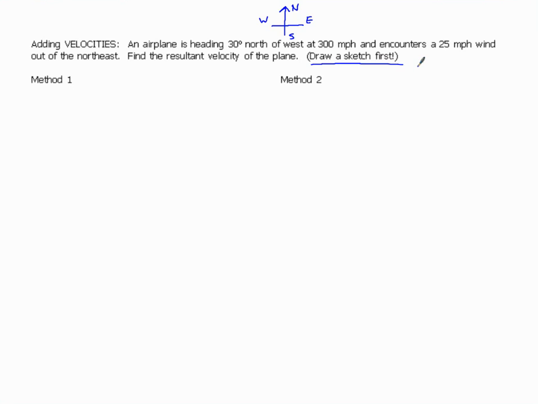In physics, we pretty much always want to draw a picture first. It's going to help to figure out what's going on. It's just going to make a huge difference. So first thing, I'm not going to get into method 2 much, so if you want to use most of this whole area, it's going to be fine. You can do that.